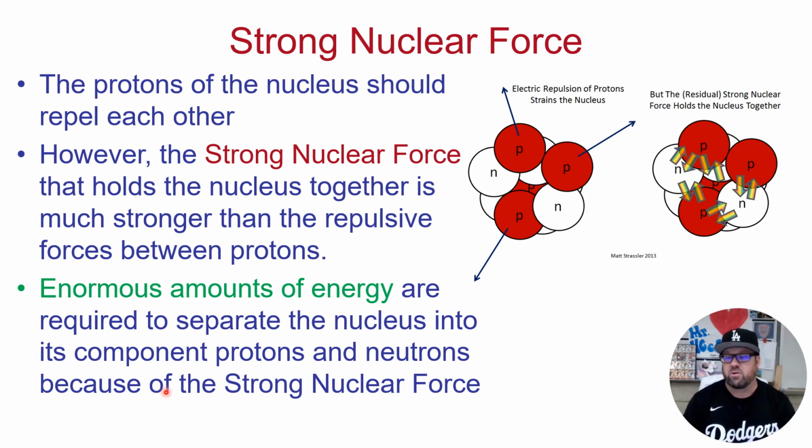We're not at that level yet, so if we're ever asked what holds the nucleus together, the simple introductory high school chem answer is the strong nuclear force. Why does the strong nuclear force hold it together? Because it's greater than the repulsive force between two or more protons. Okay? And that's our strong nuclear force.